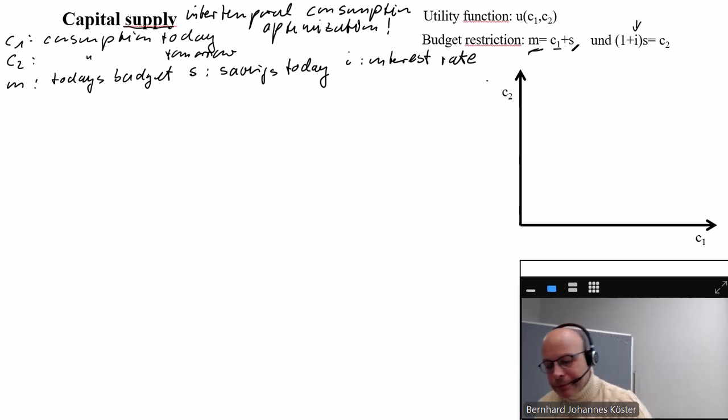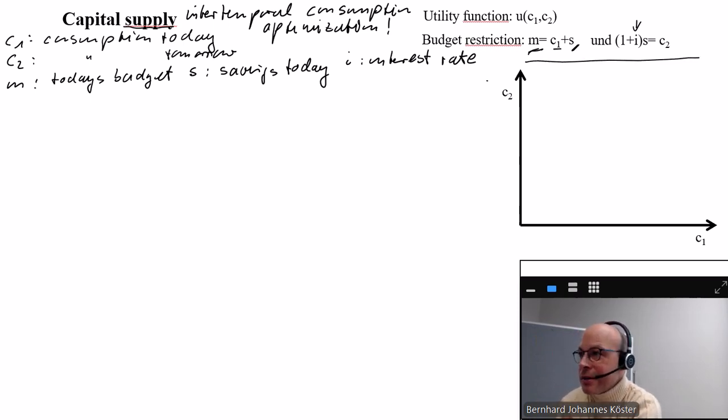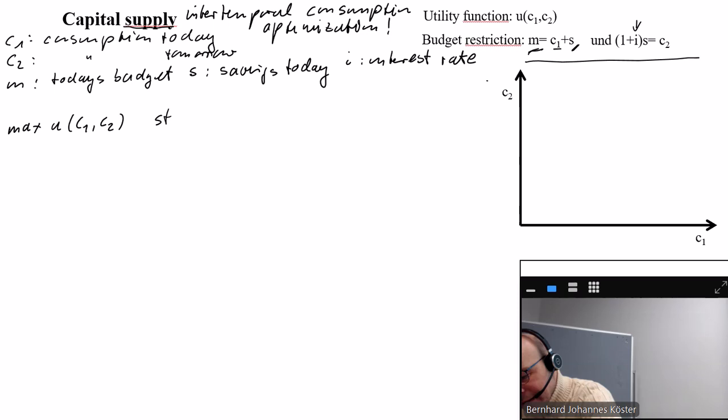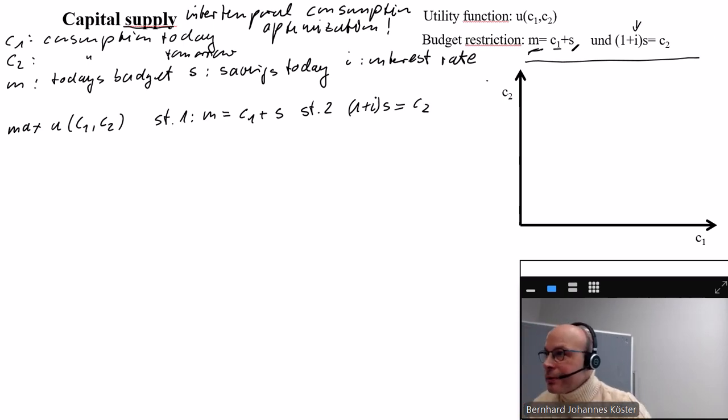Okay, and now let's consolidate these two conditions. Our general problem is now: maximize utility depending on C1, C2, subject first to M equals C1 plus S, and second subject to 1 plus I times S equals C2.